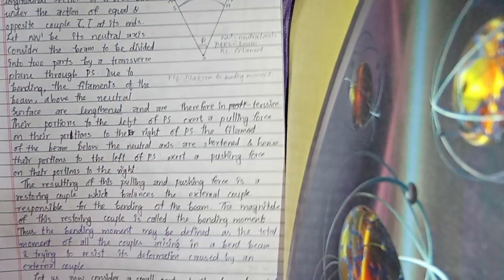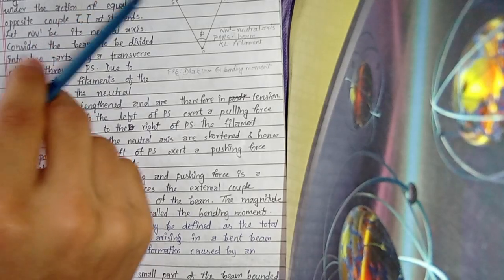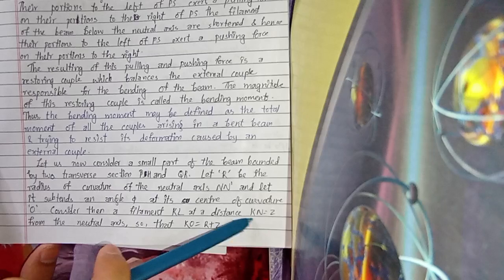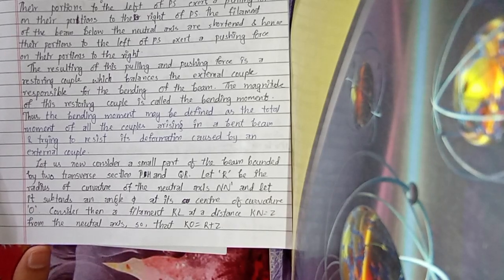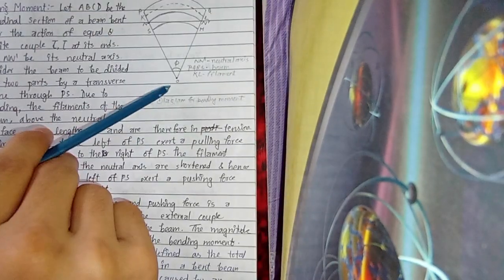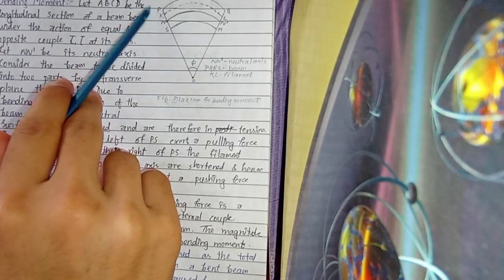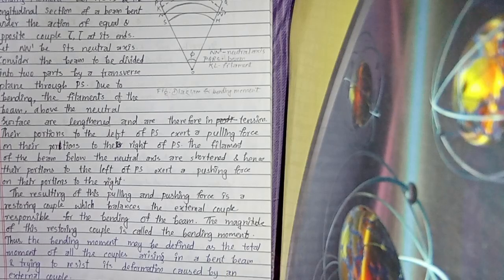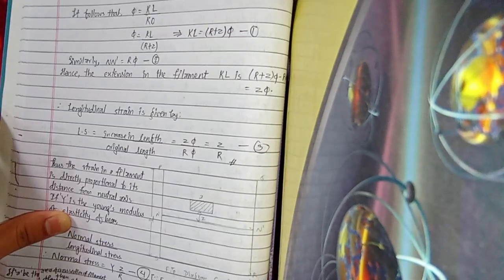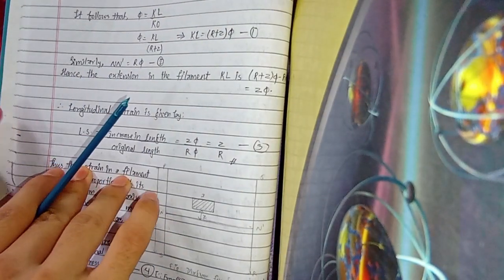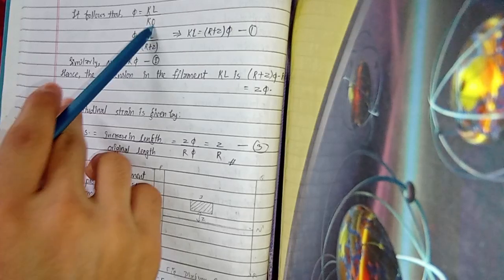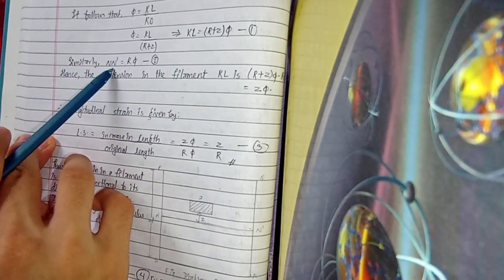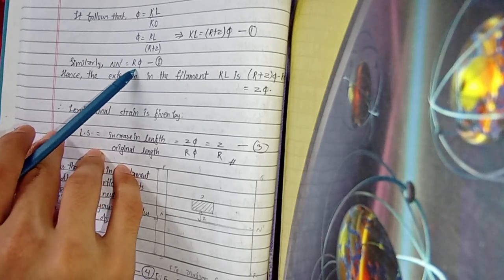We take the radius of curvature as capital R, and the distance of K and N is Z, so KO is equal to R plus Z, and phi is equal to KL upon KO, where KO means R plus Z. Writing it mathematically, KL will be equal to (R plus Z) phi, and similarly N N' will be equal to R phi.